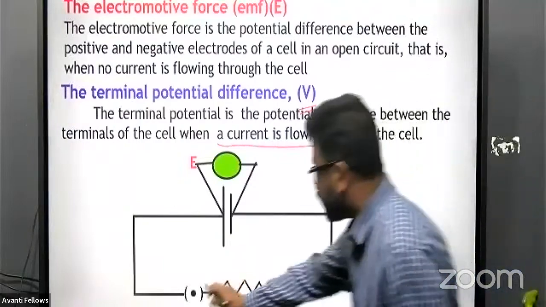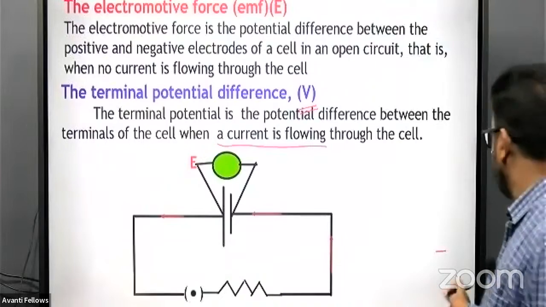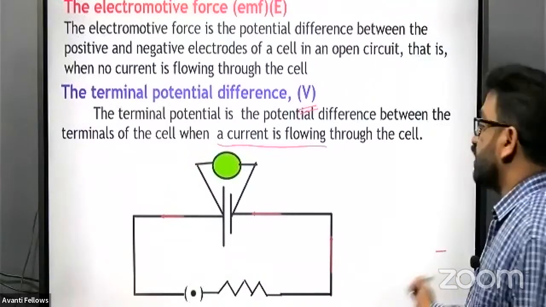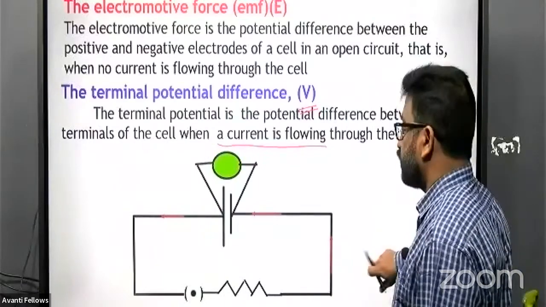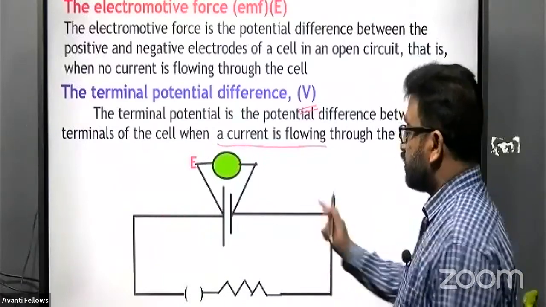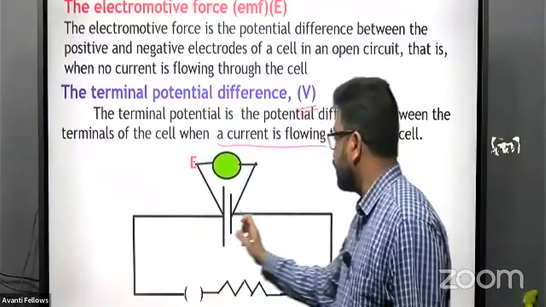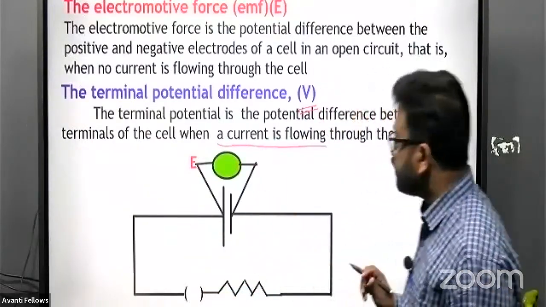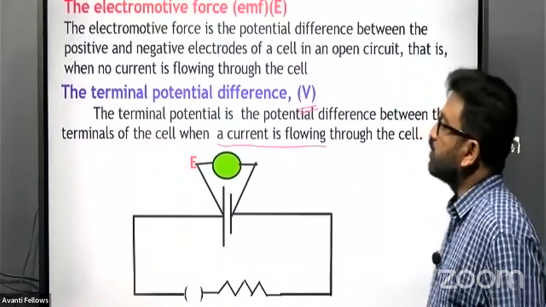Now we are closing the switch. Now this becomes V. Current is taken from the cell and it becomes V. Remember once again, this is E because the switch is open, no current is flowing or taken from the cell. So it is open terminal potential difference, that is E, electromotive force.